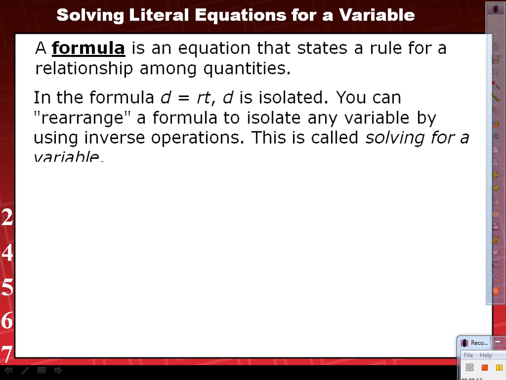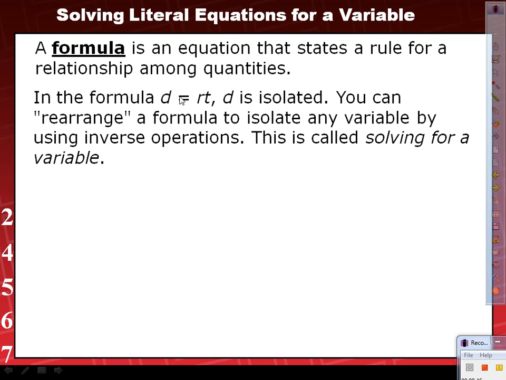However, check this out. Whenever they say, for example, this formula, D equals RT, since D is isolated, that's why we say D is isolated, or we're going to say it's solved for D. Everybody understand that? So whenever I ask you to isolate for a certain variable, it's meaning that you're going to solve for D. Or you're saying, but Mr. Q, we don't have any numbers.